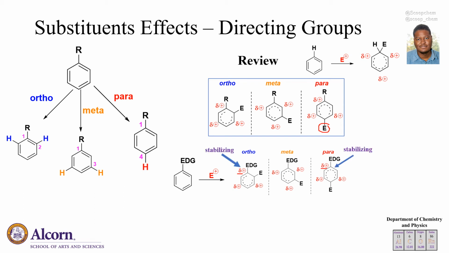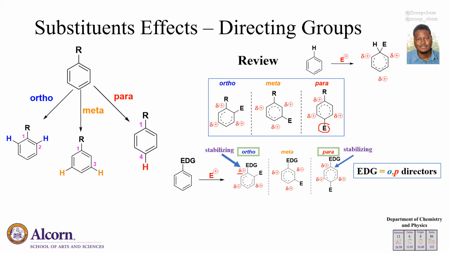So that's stabilizing both of these structures. So electron donating groups are going to favor electrophiles adding to the ortho or the para position. We just say that electron donating groups are OP directors. All electron donating groups are going to favor electrophilic attacks at the ortho and the para position.